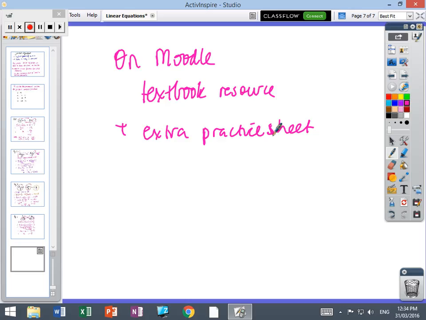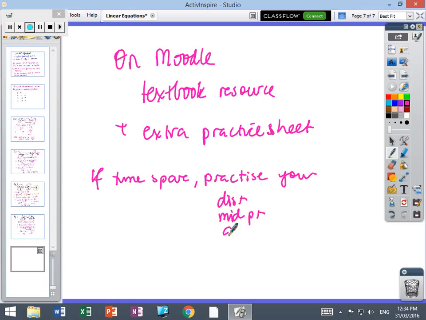If you've got time to spare and you want to do some more practice, practice your distance, midpoint, gradients.